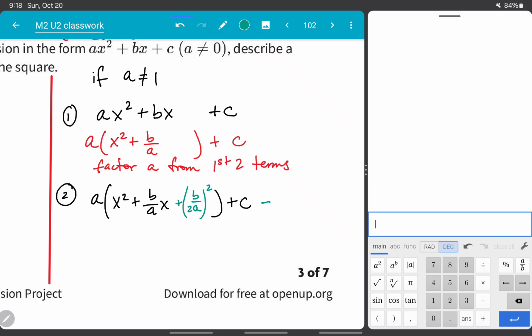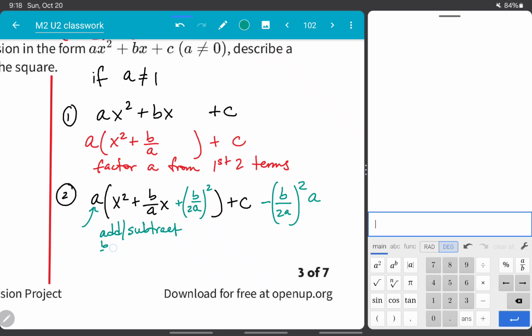And you're going to be subtracting it here on the outside, b over 2a squared. And then because there's an a here, you have to have another a here. Okay? So this is called completing the square, and we're going to add, subtract.